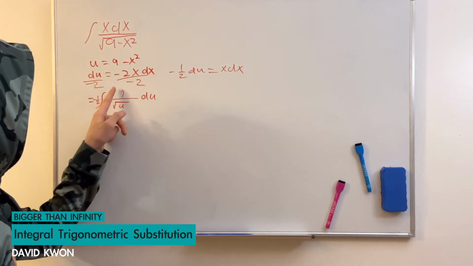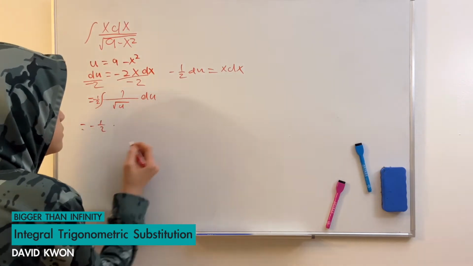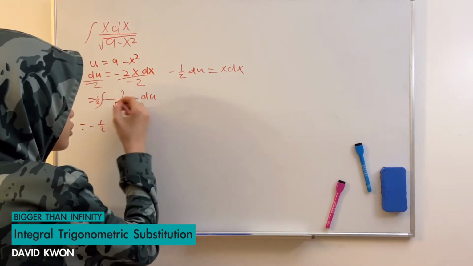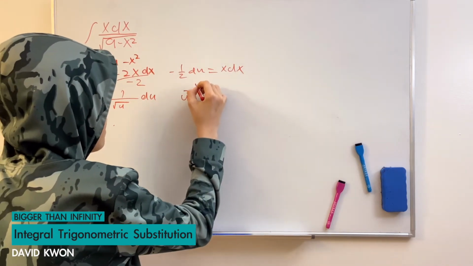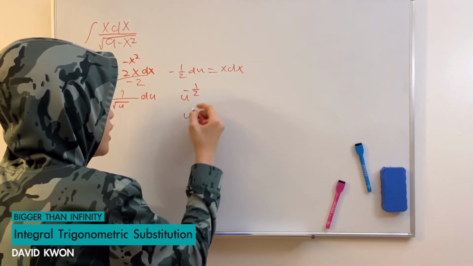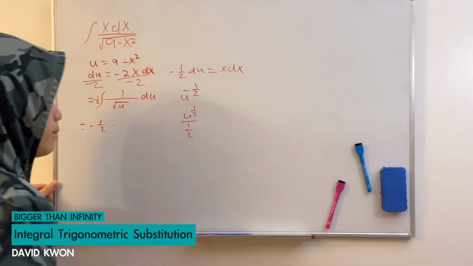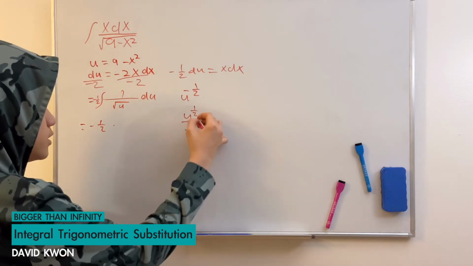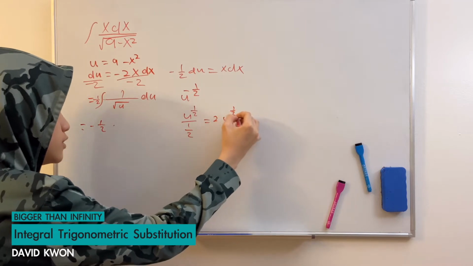Now the integral of 1 over square root of u is u to the power of minus 1 over 2. When we integrate this, we add 1 to the power, so we have 1 over 2, and then divide by whatever the power is. It can be simplified further as 2 times u to the power of 1 over 2.